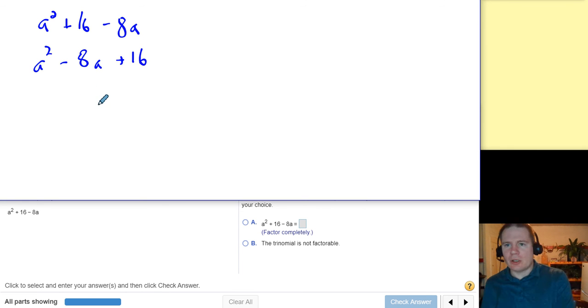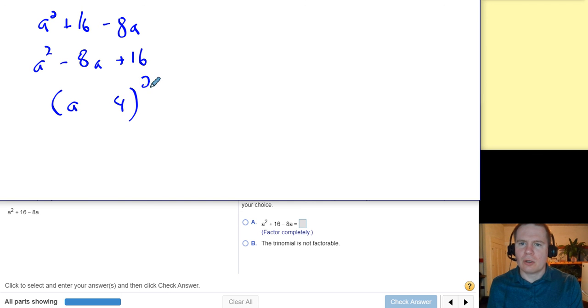So I see here a squared, that's a perfect square. a squared is a times a. And 16 is a perfect square. That's 4 times 4. So I'm tempted to get a and 4 squared, but this middle term is minus, so that's got to be minus. And 4a and 4a is 8a. Yes, that works.